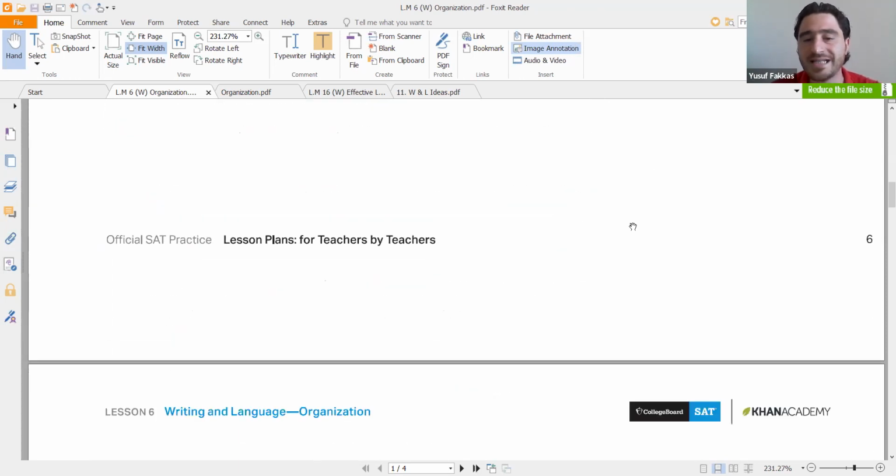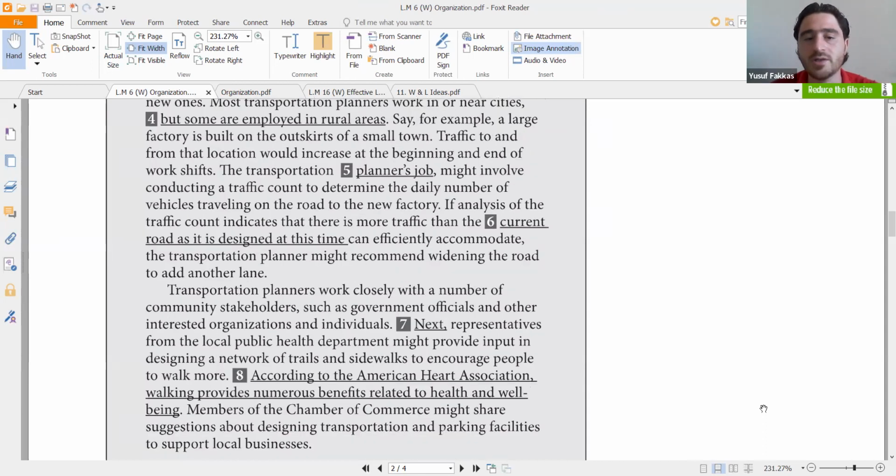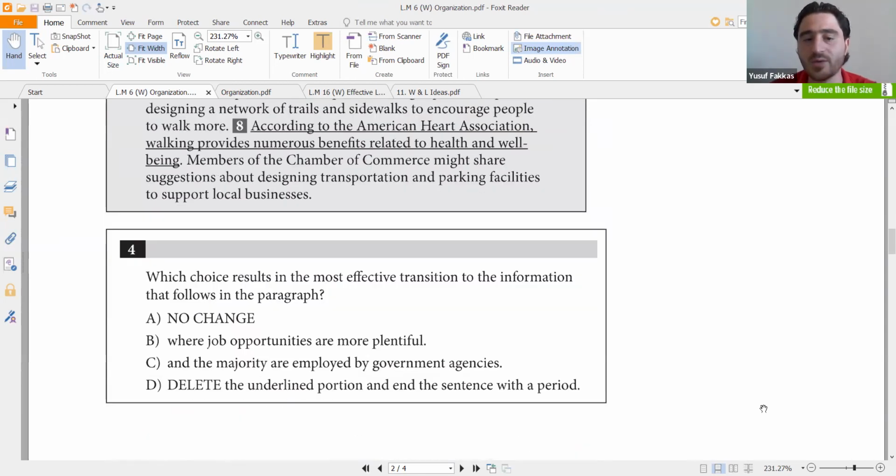This is what makes the SAT more difficult than other tests, because other tests ask us about information on the superficial, the surface area, which means you read, they ask you, what did the passage say? And we answer. But on the SAT, we need a lot of analysis. We need to analyze the language. We need to analyze the ideas. We need to analyze the relationships between ideas, okay? And the best thing is to focus our mind on the keywords that reveal these ideas. And that's why we are doing this.